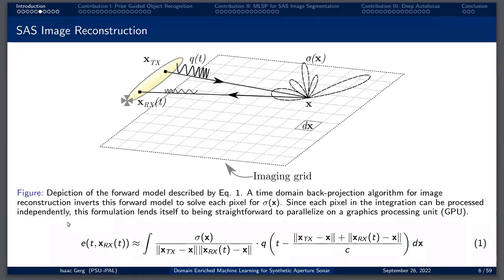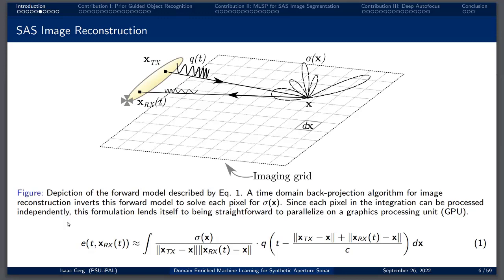In forming the picture that the sonar produces, we're going to get a time series for each ping, and this loosely describes the mathematical model for what that looks like. Just to briefly walk through this, your transmitter is going to transmit some kind of FM chirp waveform. It's going to intersect at the bottom with some particular part of the seafloor that you want to image.